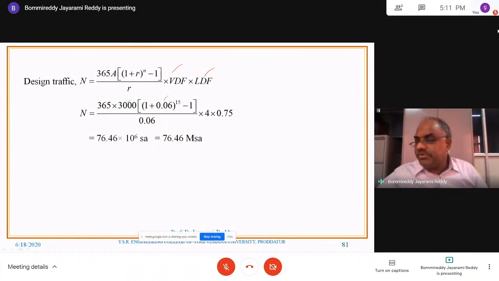Remember here, while substituting R, if you don't have practice, in place of R you may substitute 6, giving 1 plus 6 whole power n. That is going to become wrong. So R means it is a fraction value, 0.06, and VDF and other parameters, and you will get it in 10 power 6 standard axles. 10 power 6 means million standard axles, MSA.